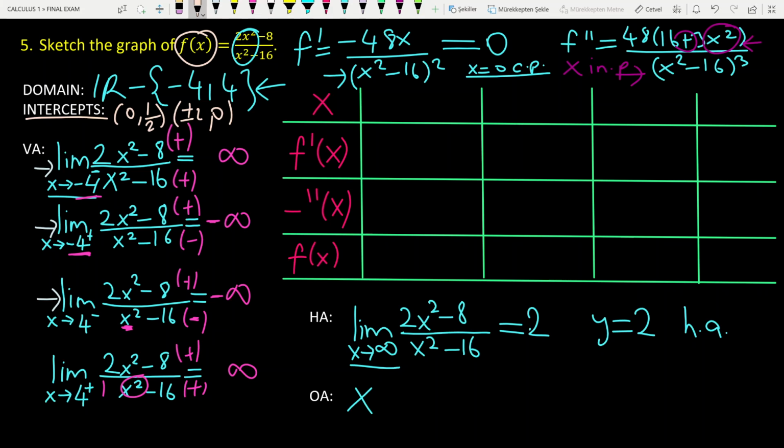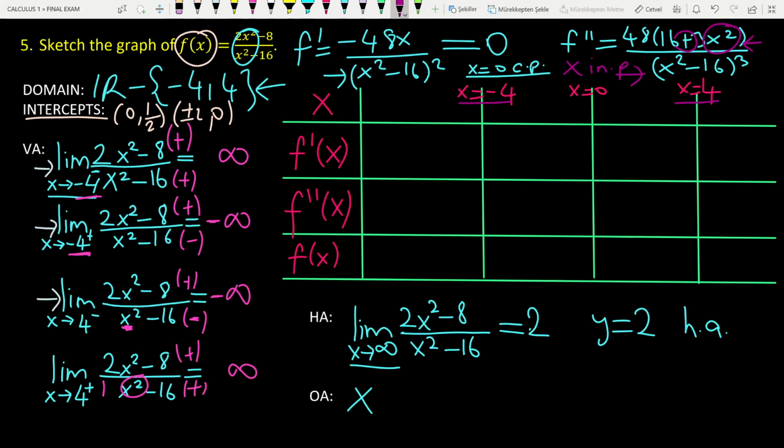So let's prepare the table to find increasing, decreasing intervals and concavity of the function. In general, I only write the critical points and sometimes inflection points to prepare a table. But now I also write minus 4 and 4, which are the vertical asymptotes of the function, to this table to see the behavior of the function.